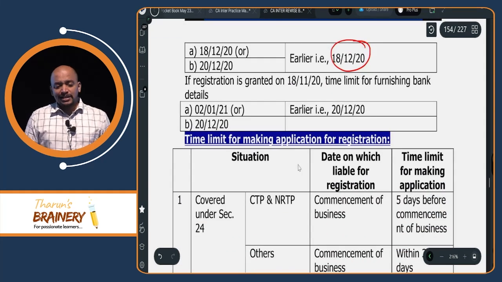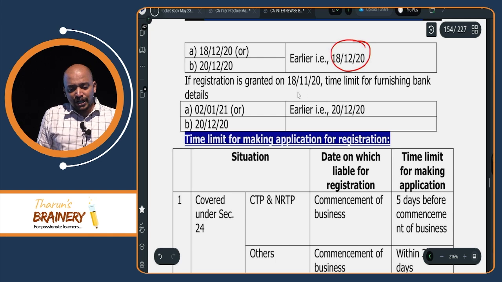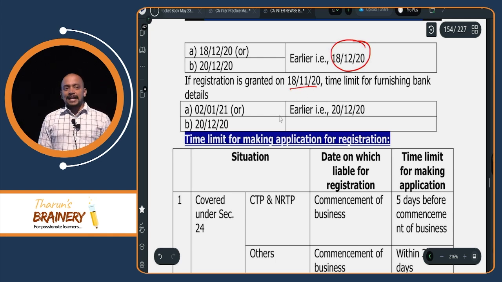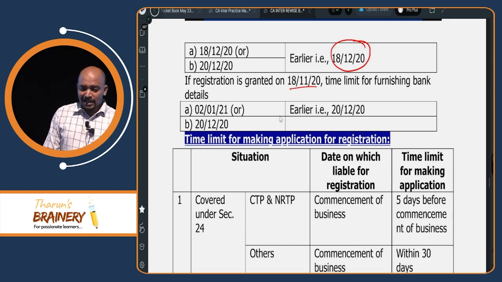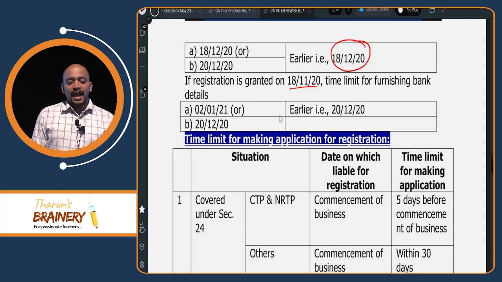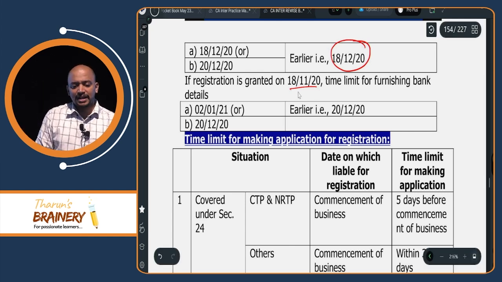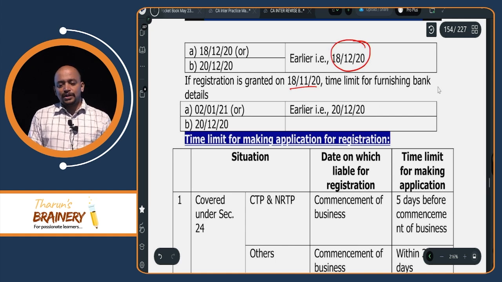Suppose if you get the registration on 18/11/2020, you count 45 days. In November, 12 days and in December, 31 days.